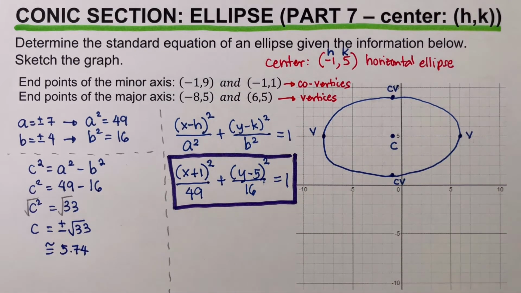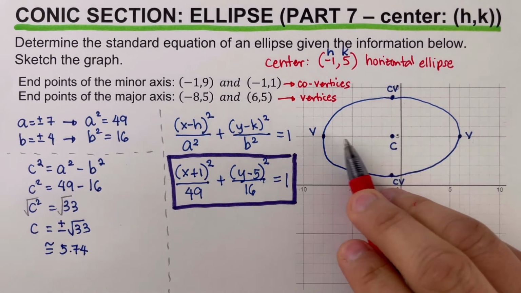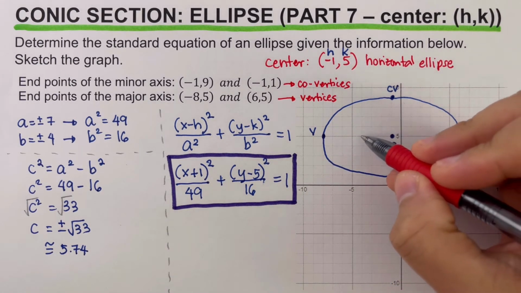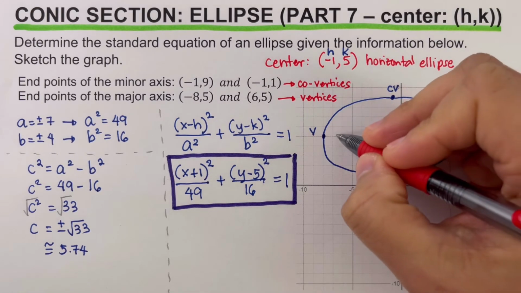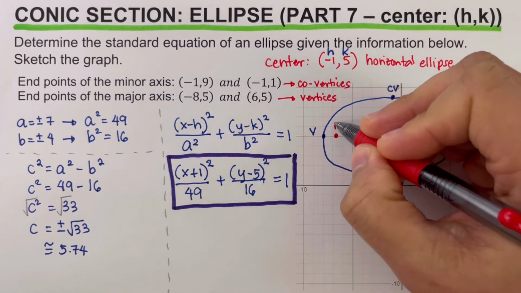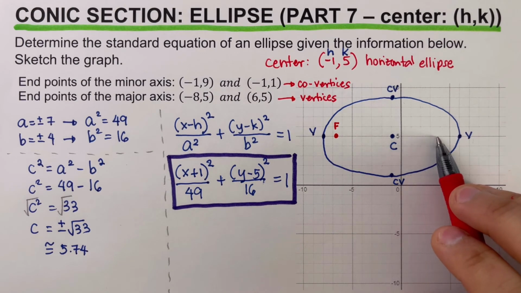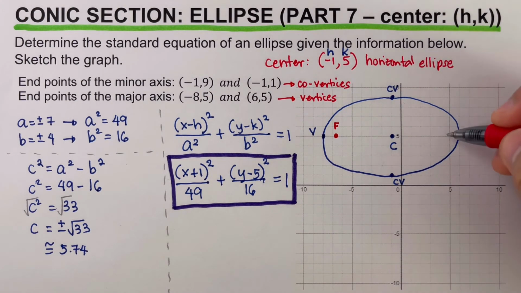So I go 5.74 left and 5.74 right. So 1, 2, 3, 4, 5.74 should be somewhere around here. That's the first focus. 1, 2, 3, 4, 5.74. And so this is the other focus right here.